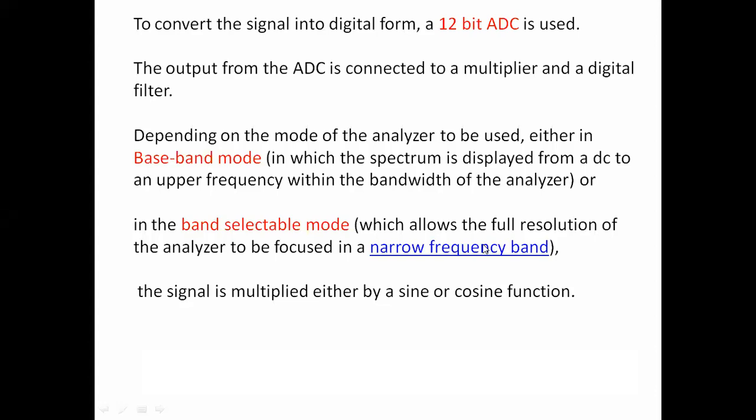So here we can use this digital signal analyzer in two modes. One is baseband mode, where very high frequency ranges can be used, and the other is band selectable mode. For a particular given band, suppose I want to find the signals present between 500 to 1000, or we have to find the spectrum of the signals from 0 or lower values of frequency to very high frequency.